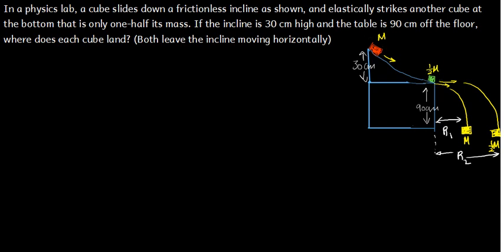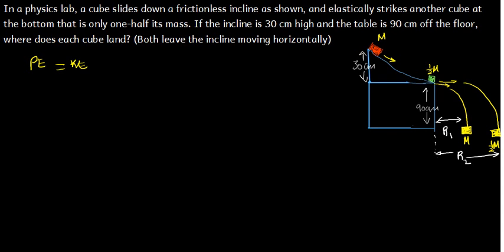Using conservation of energy, potential energy at the beginning is equal to kinetic energy at the bottom, because we are taking this incline to be frictionless, so the energy conversion will just be between potential and kinetic.